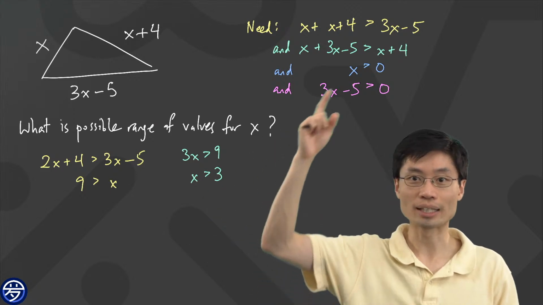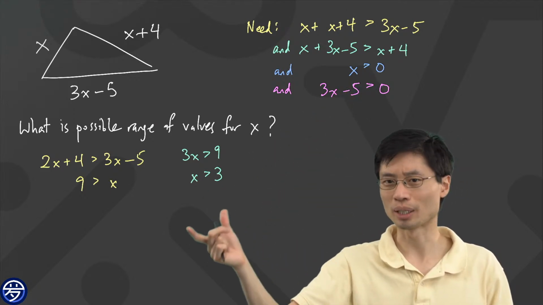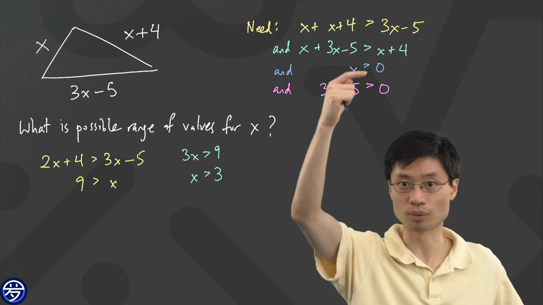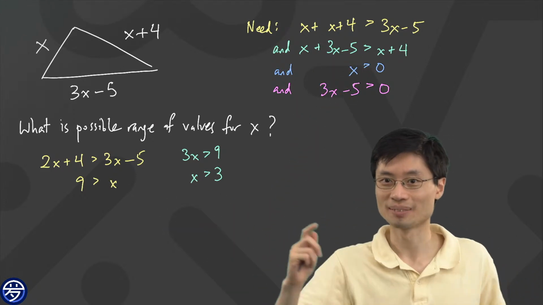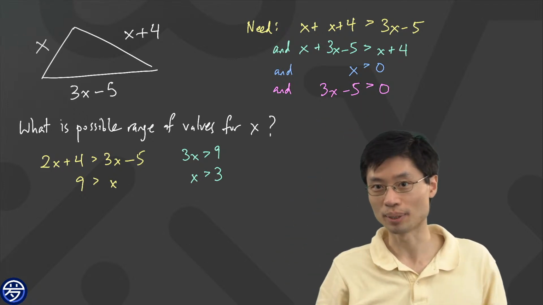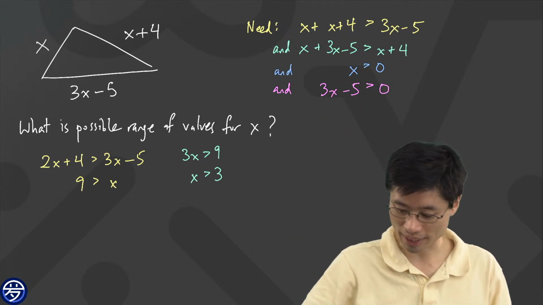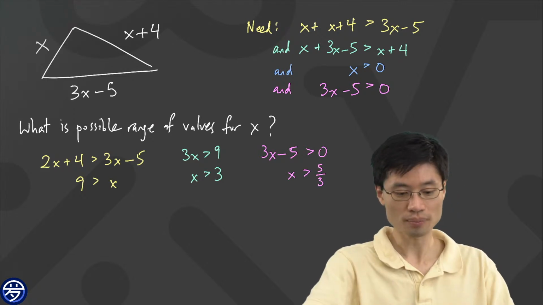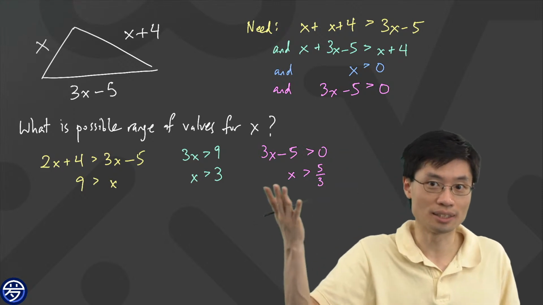The next thing is, I need to make sure x is bigger than 0. Oh, but it will be, because x is already bigger than 3. So it's already going to be bigger than 0. That's nice. How about the 3x minus 5 bigger than 0? Let's double check that. 3x minus 5 bigger than 0 tells me that x is bigger than 5/3. I just added 5 to both sides and then divided by 3.